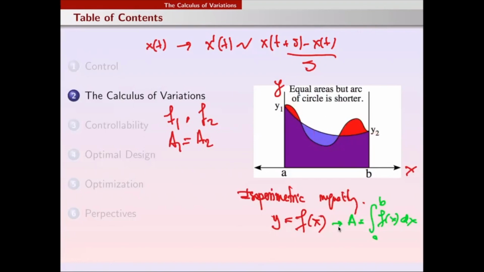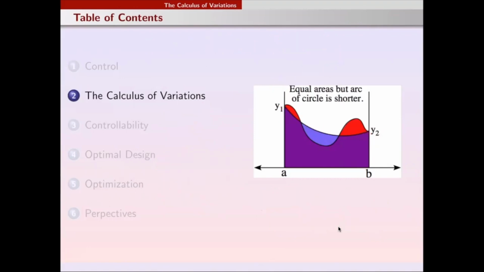So the length of F2 is greater than the length of F1, and in that sense, F1 is better than F2, right? Why? Because I was able to generate the same area with a perimeter which is smaller, right?